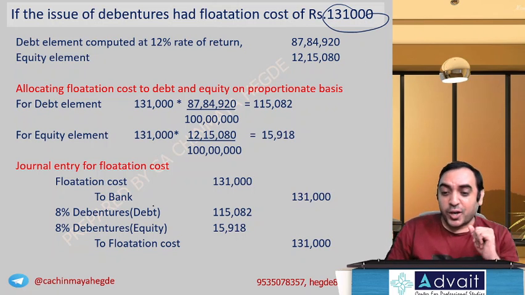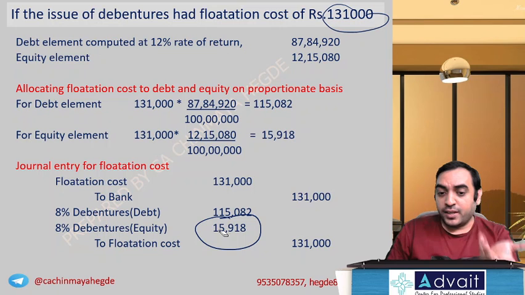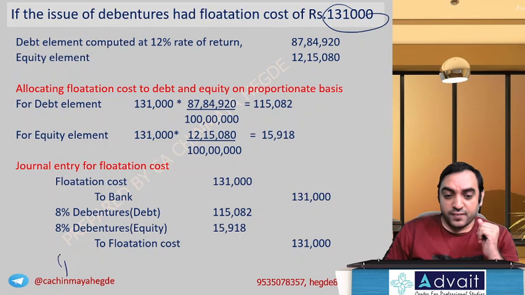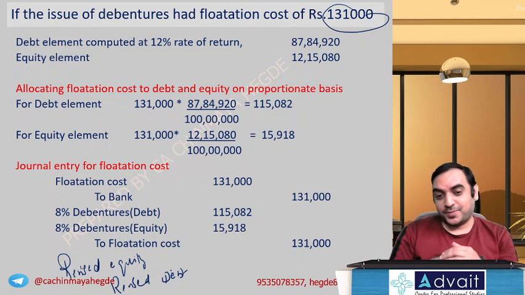So now, what will happen? When you allocate it, your equity component will be reduced, and your debt component also will be reduced. So your revised equity component and revised debt component both will be revised.